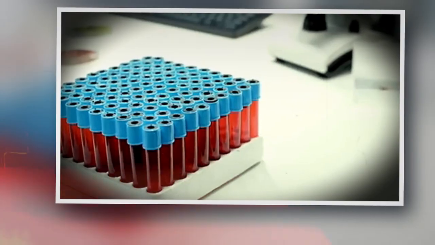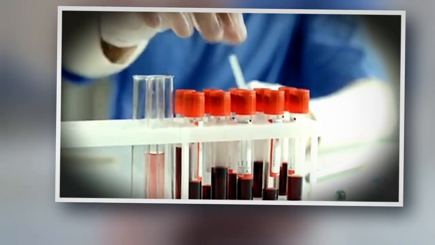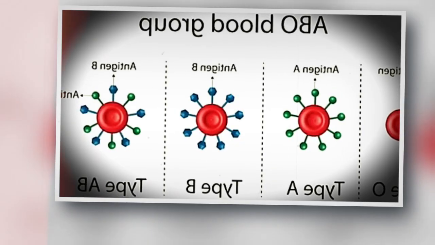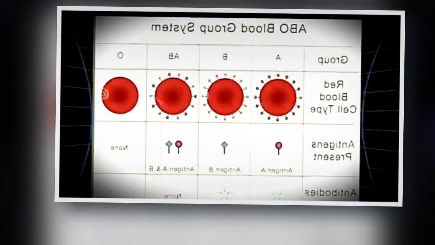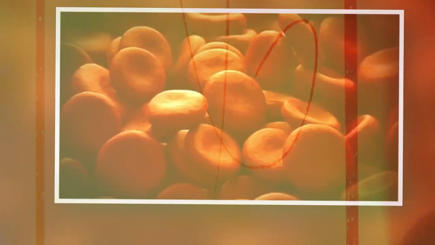Let's quickly recap the basics. Human blood is grouped into four main types under the ABO system: A, B, AB, and O. These categories come down to tiny chemical markers, antigens, sitting on the surface of your red blood cells. Think of them like little flags waving on the outside of each cell.